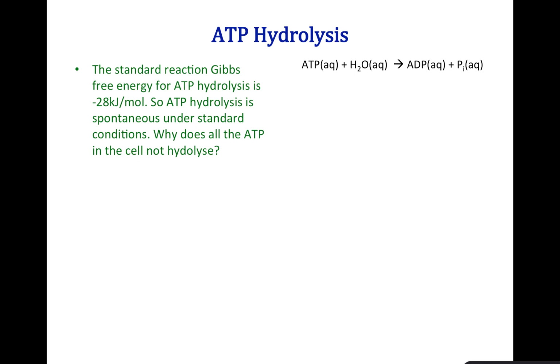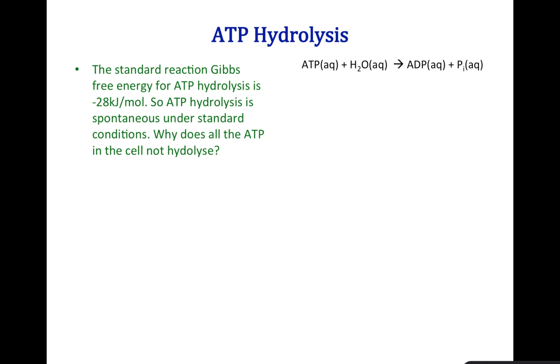Let's take a more biological example. On the top here is the hydrolysis of ATP under aqueous conditions. ATP hydrolyzes with water to produce ADP and phosphate anions, inorganic phosphate. And it is known that the standard Gibbs free energy of ATP hydrolysis, delta rG standard, is minus 28 kilojoules per mole, which means that the reaction should be spontaneous under these conditions.